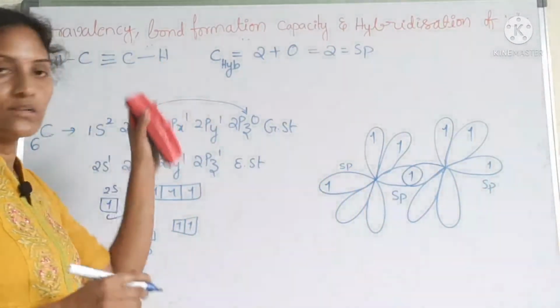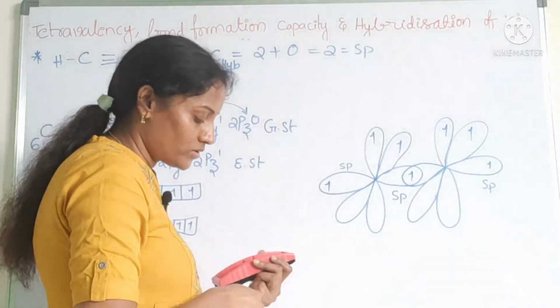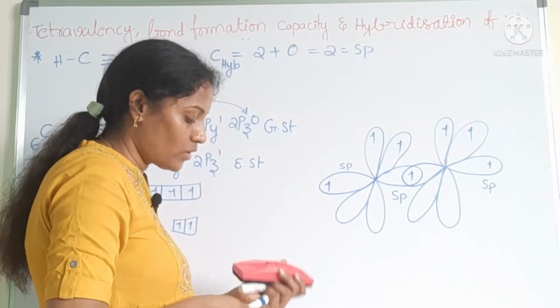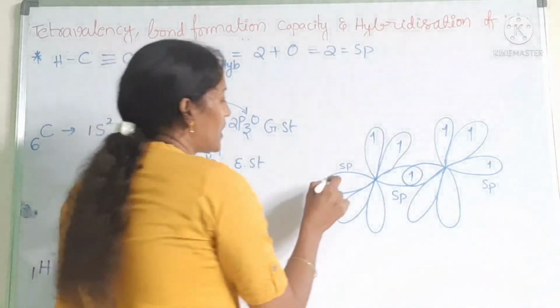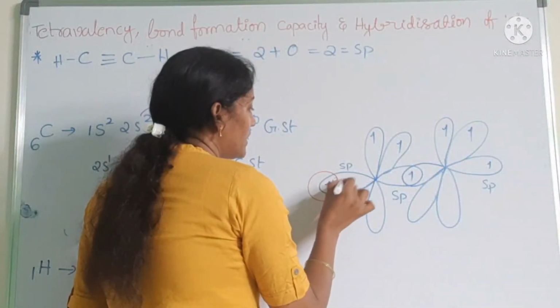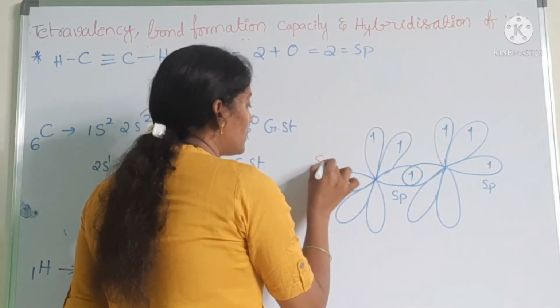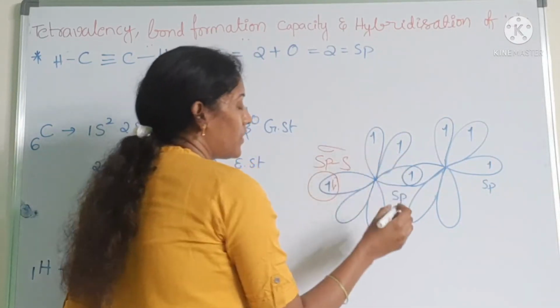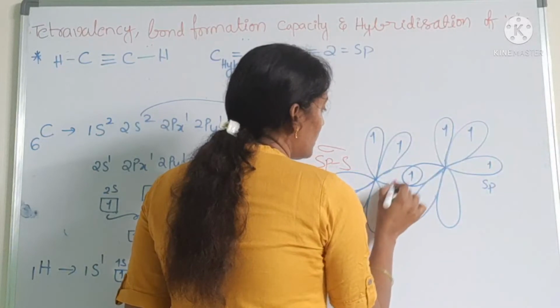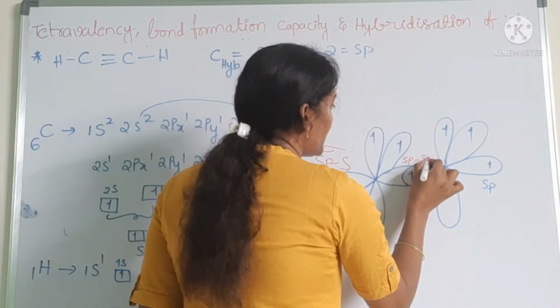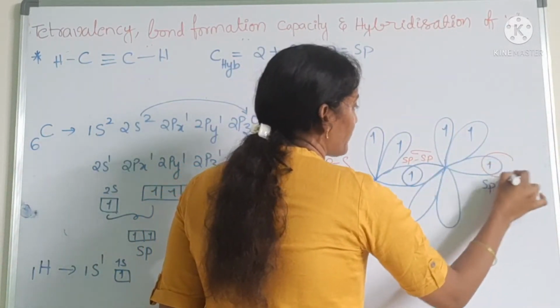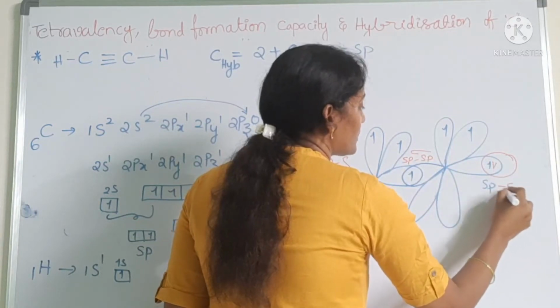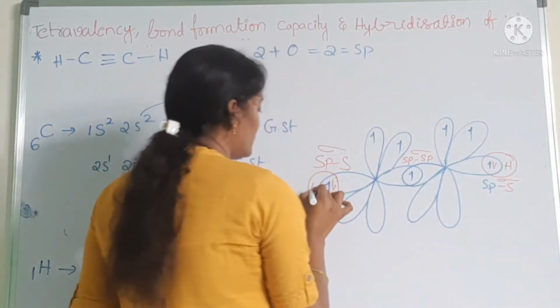See here, two hydrogens are there. Those two hydrogens are going to be involved in bond formation with each carbon. See, sp-s sigma bond, sp-s sigma bond. Here, this is the sp-sp sigma bond. sp-s sigma bond. This is hydrogen.